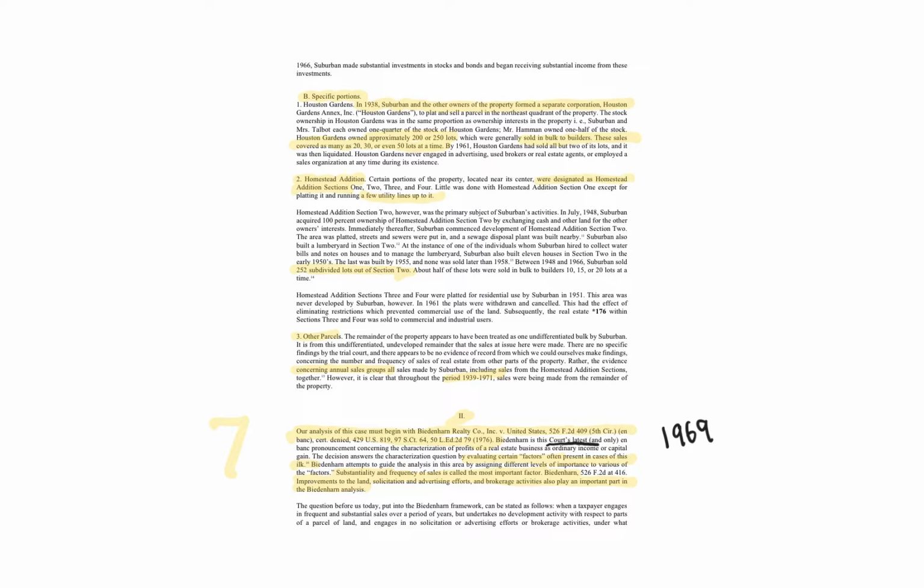Does it provide more than half of the income to the taxpayer, total income for the year? And the answer was yes. And all those things, based on the way you answer, can affect whether it's ordinary or capital as a weighing test. So let's continue on. All right, it talks about the Biedenharn framework, and it allows us to ask the question, but gives us little guidance in answering it.